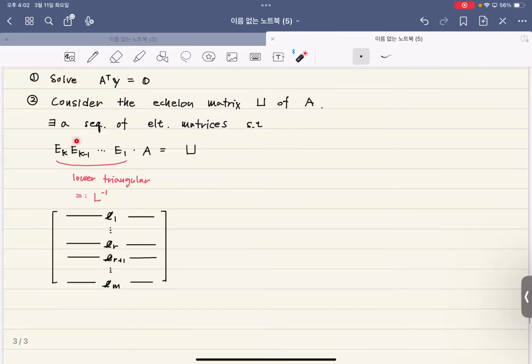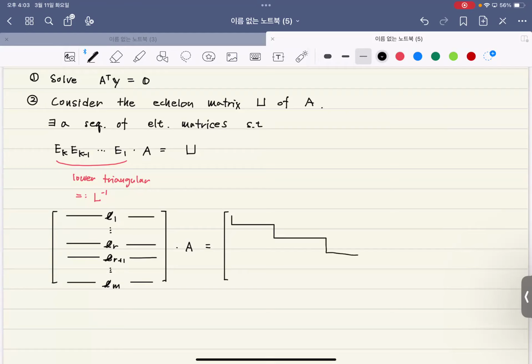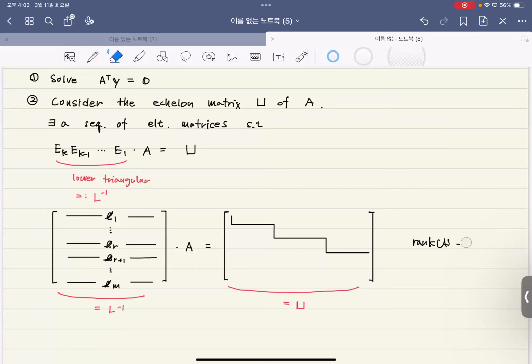So I want to consider this matrix as a collection of m row vectors, times A, and this is my U. So this is L inverse, and this is U. I must say that the rank of my matrix A is r.